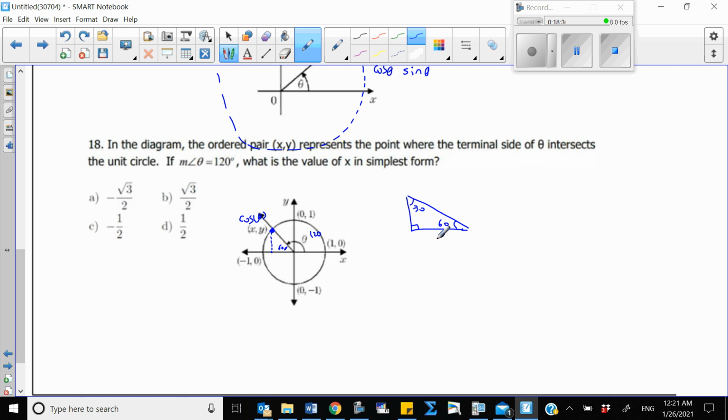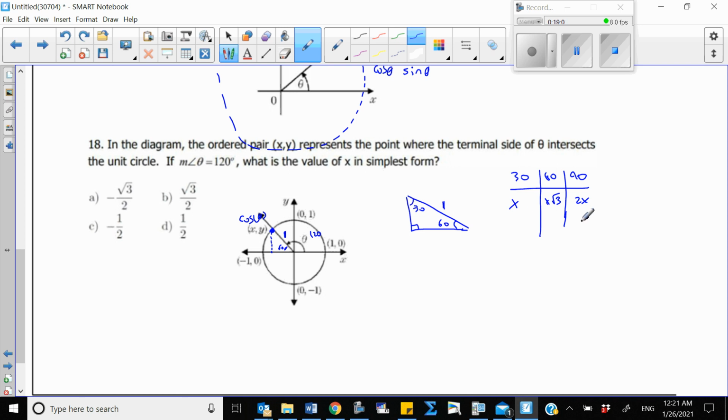So what is cosine? Since this is a unit circle, the radius is 1. So this side is 1, which is the hypotenuse. So I can make my table 30, 60, 90: x, x root 3, and 2x.